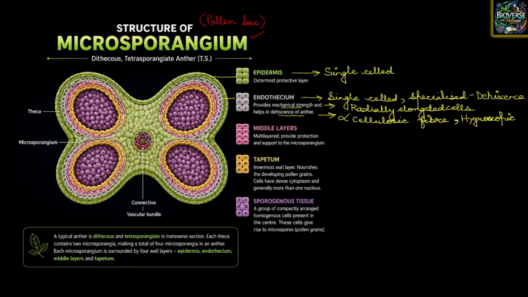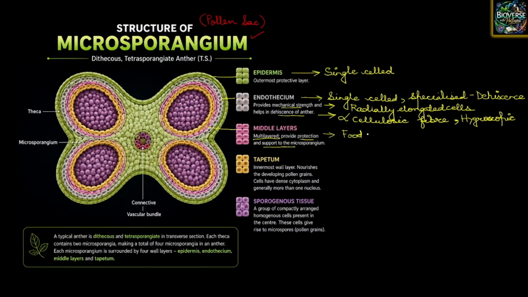The next thing is the middle layer. What needs to be understood is that this middle layer is going to be multi-layered. It is present just below the endothecium. It provides protection and support to the microsporangium. Now, when all the growth is taking place, what is required is food for the growth.